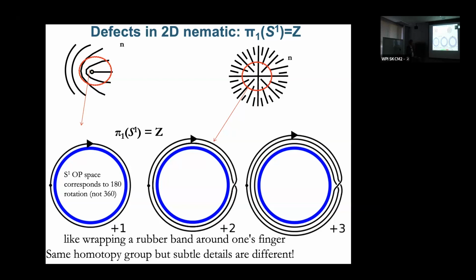And therefore, in terms of the homotopy theory group presentation, that corresponds to an integer of 1 in here.